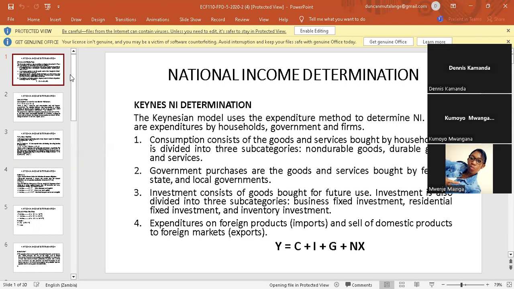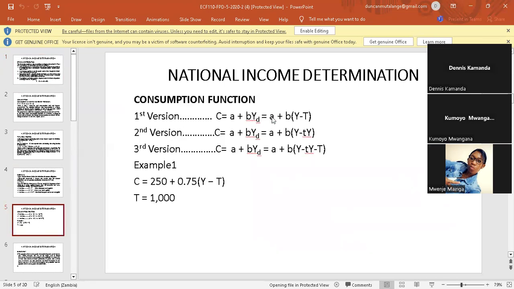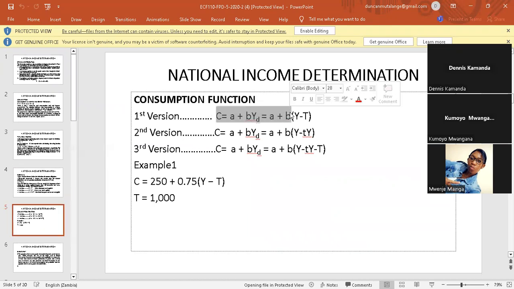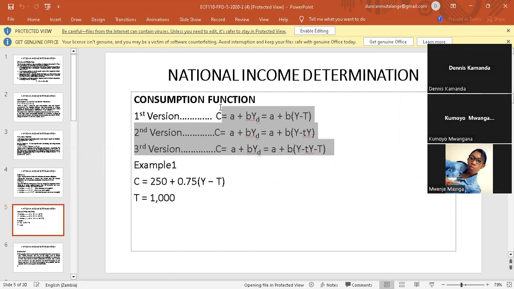Especially this part under national income, trust me, once you get this, then you're all good. Everything else will depend mainly on this, especially on the types of tax and how they affect the disposable income.